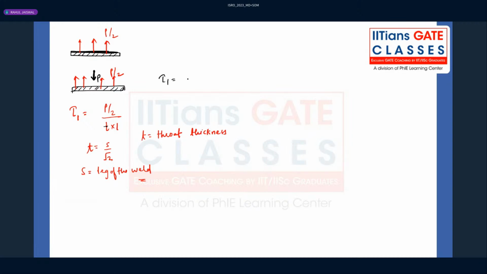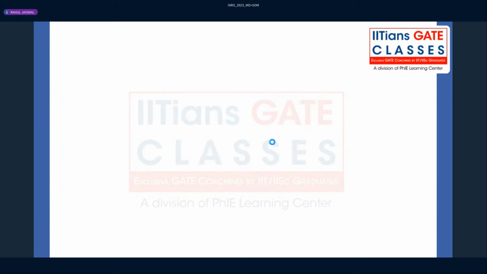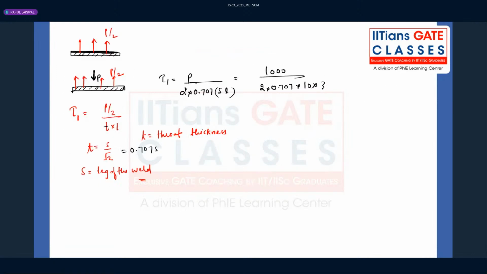So tau 1 will be P by 2 into 0.707 S into L. What is the P they have given in the problem? P is 1 kilonewton, that is 1000 Newton, divided by 2 into 0.707 into S. The leg of the weld is 10. The length of the weld is 30 mm.